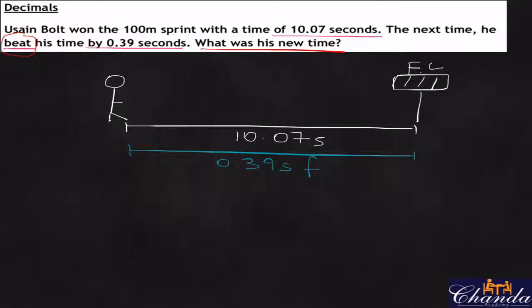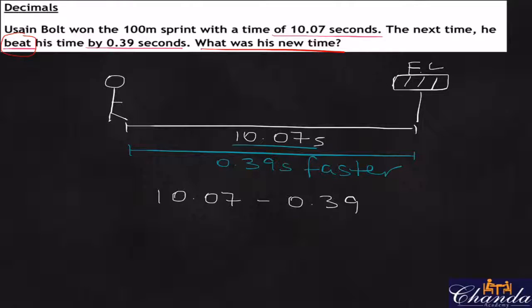Because remember, as the question says, he beats his time. So if he was to do something faster, that means the time that he would get would be smaller than 10.07 seconds. So it's simply 10.07 minus 0.39.